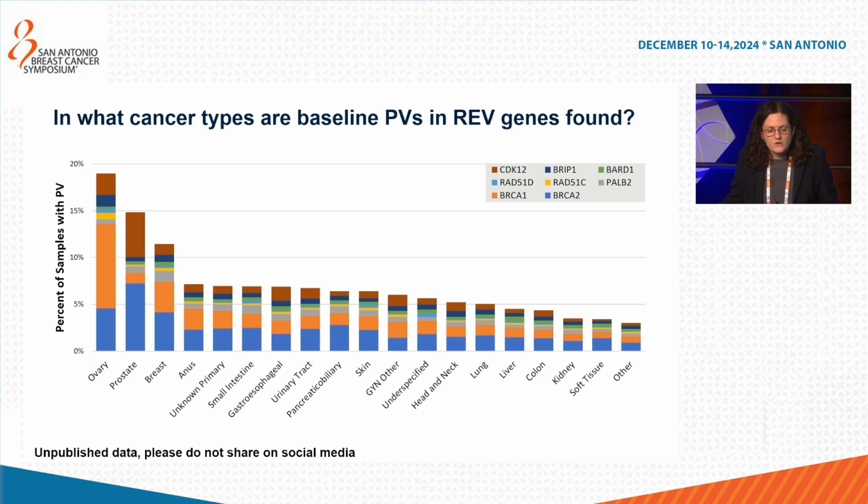So in what cancer types are these baseline pathogenic variants in reversion genes found? I just want to emphasize that on the y-axis is the percent of samples with pathogenic variants. Not surprisingly, ovarian cancer is by far the highest. Prostate comes next. You will see differences in the frequency, with prostate, for example, having a much higher rate of BRCA2 mutations and CDK12 variants, whereas breast, since that's the focus here, has a relatively equal amount of BRCA1 and 2 mutations.